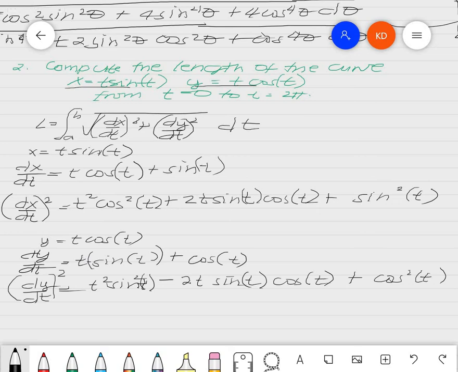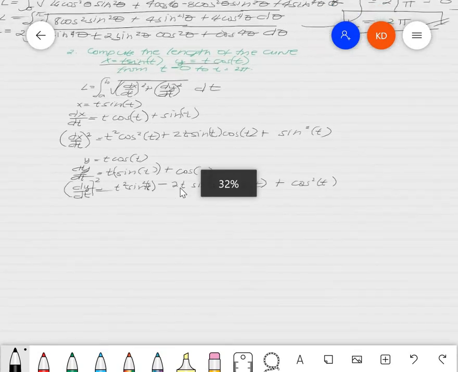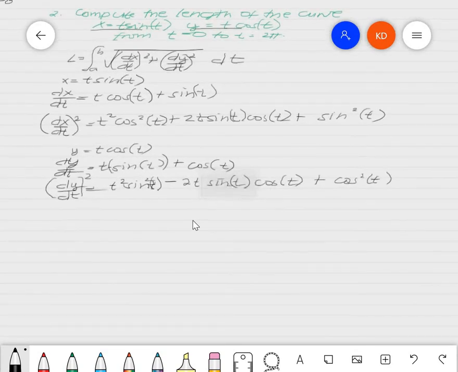Now we will substitute this to our equation. So now we have L is equal to the integration of the square root of this one, our dx over dt quantity squared, which is equal to this term here.